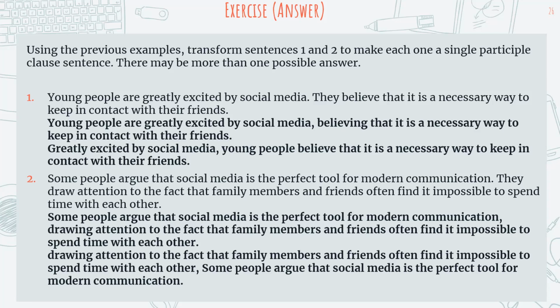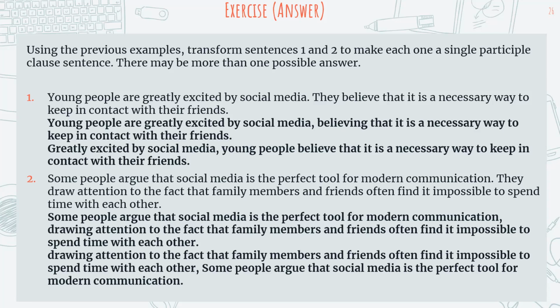"Believing that," of course, refers back to young people. We have the same subject for the two sentences. Okay, so "believing that" means that young people believe. It's practically the same. Believing that it's a necessary way to keep in touch or in contact with their friends.